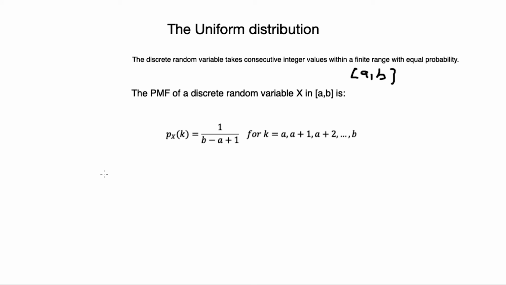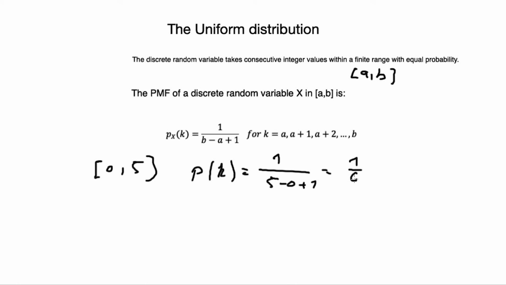For example, if we have an interval of 0 and 5, P of k here will equal 1 over 5 minus 0 plus 1, which is 1 over 6, and we can represent it like that.